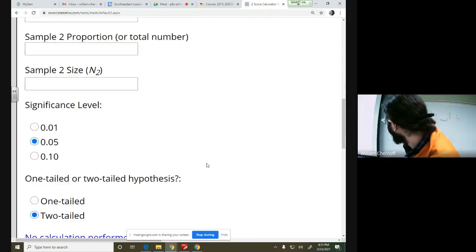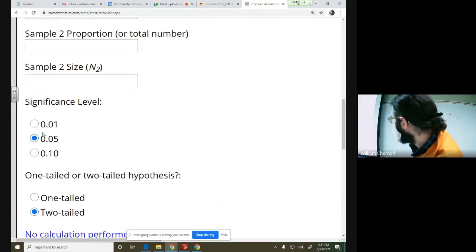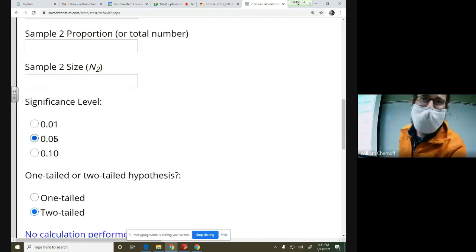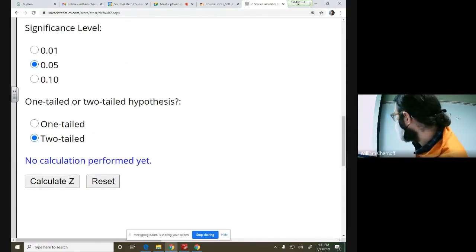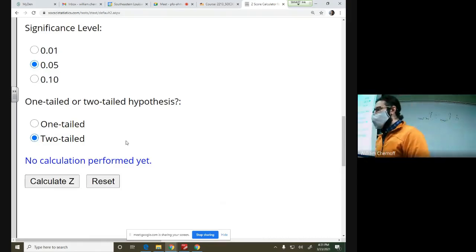And things like the significance level by default are going to be 0.05. You can just leave it there. By default, it's going to ask you if you're doing a one or two-tailed hypothesis, and it picks two-tailed. Again, this website is going to try to guess for you, but it actually doesn't know what you're doing. It doesn't know what your null hypothesis is. It doesn't know what your alternative hypothesis is.